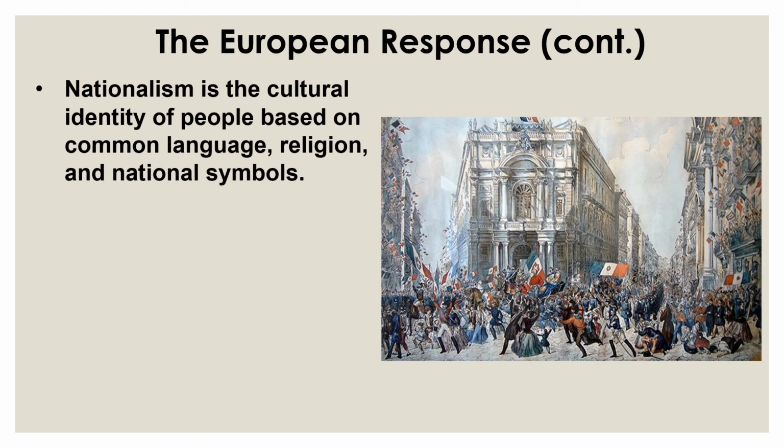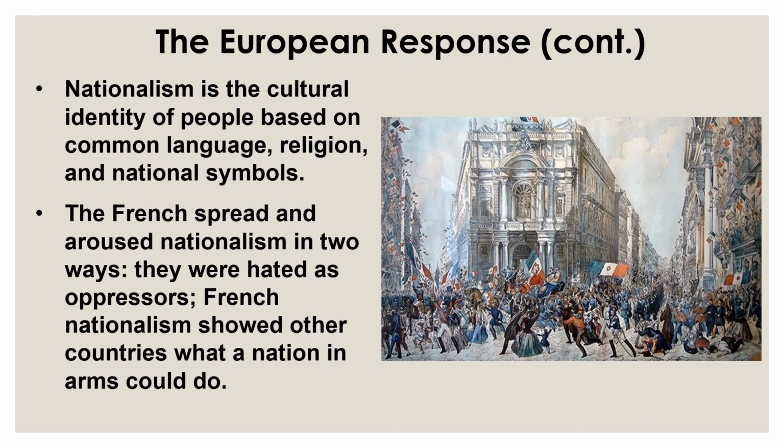Nationalism is the cultural identity of people based on common language, common religion, and national symbols. And nationalism is something that is really born out of the French Revolution and the Napoleonic era. The French spread and aroused nationalism in two ways throughout these Napoleonic wars. They were both hated as oppressors, as the ones that come and conquer the other nations, okay?